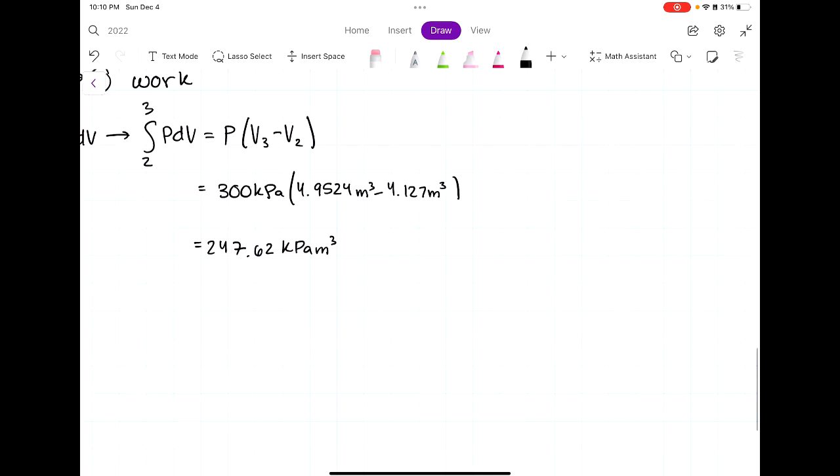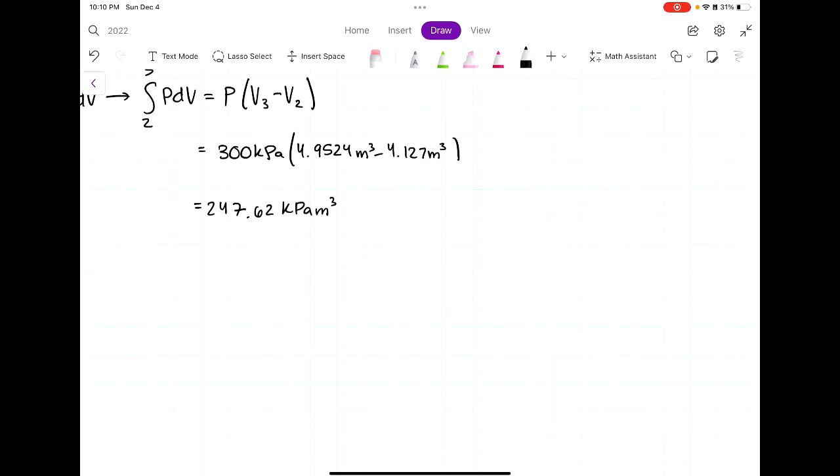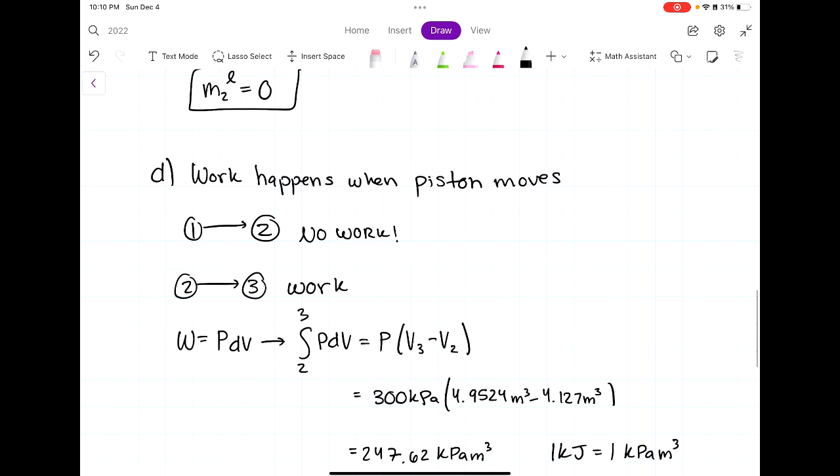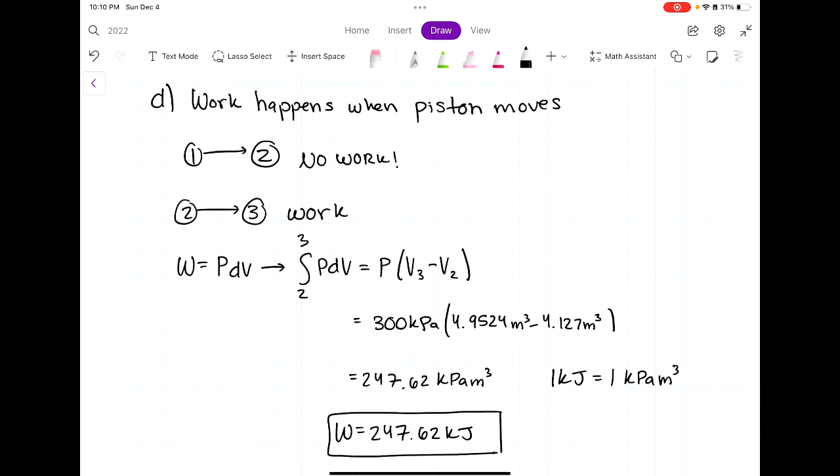In case you didn't know, the conversion is that 1 kilojoule, which is the unit for work, is equal to 1 kilopascal times meters cubed. So our work is equal to 247.62 kilojoules. And that is the answer for question D.